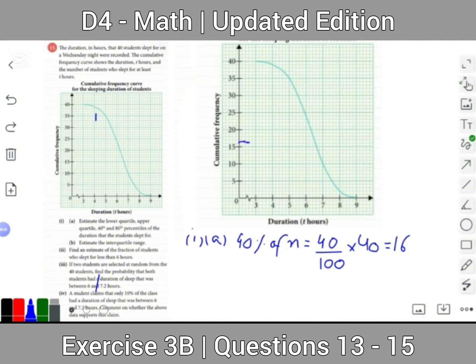We will draw a horizontal line until it touches the cumulative frequency curve. Now from the point of intersection on the curve we will draw a vertical line until it touches the horizontal axis. So here we have the values 6.2, 6.4. It is approximately 6.4. So the 40th percentile will be equal to 6.4 hours.